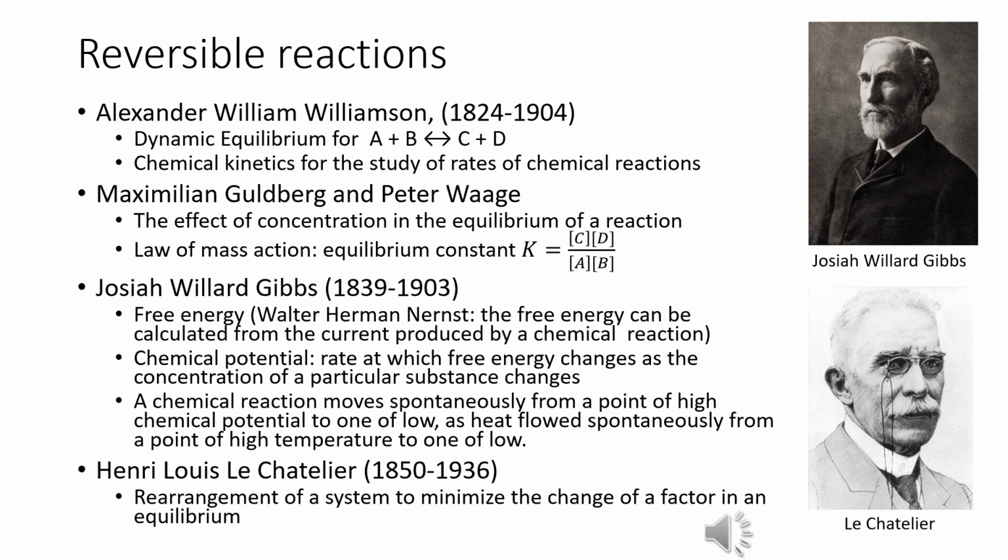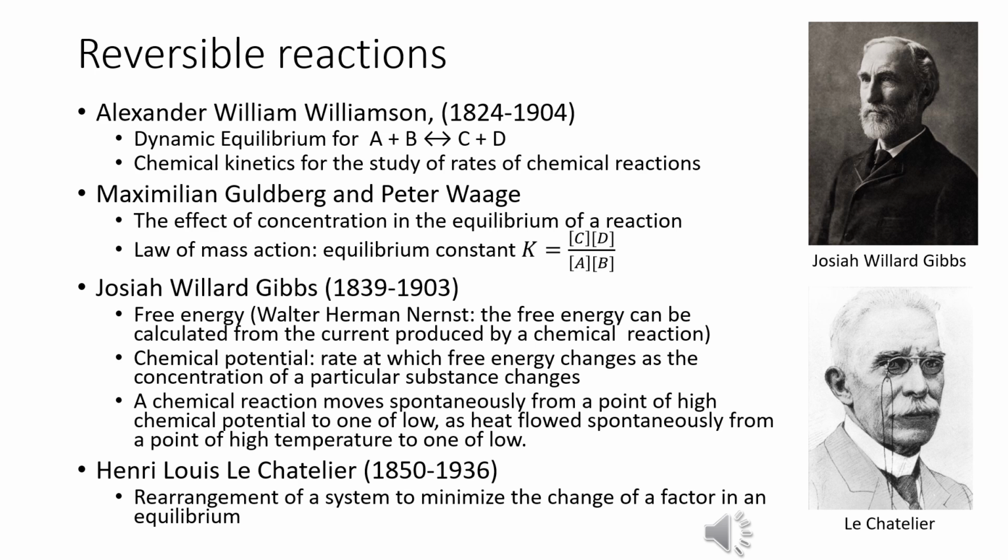This is important because it considers the heat flow that was found to be important for the reactions measured by Berthelot, but also involves the effect of concentration in chemical reactions, as we discussed for reversible reactions. In this way we can analyze exothermic reactions that are spontaneous but also endothermic ones.